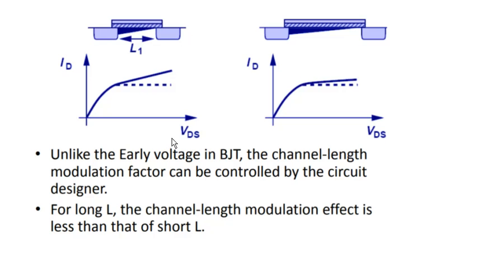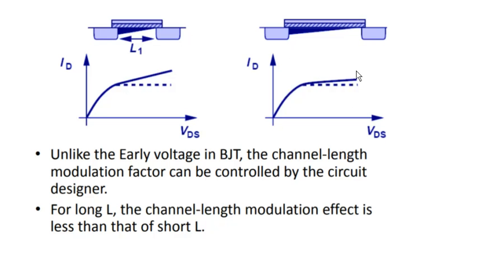Unlike the early voltage in BJT, the channel length modulation factor can be controlled by the circuit designer. The base early voltage we can't control, but this channel length modulation we can control at design time. For long L, the channel length modulation effect is less than that of short L. This is the long channel and this is the short channel.